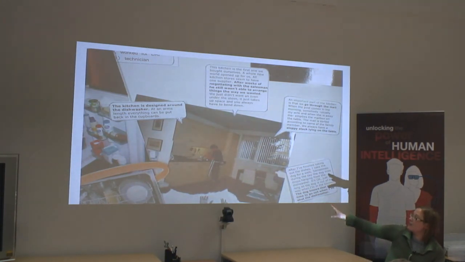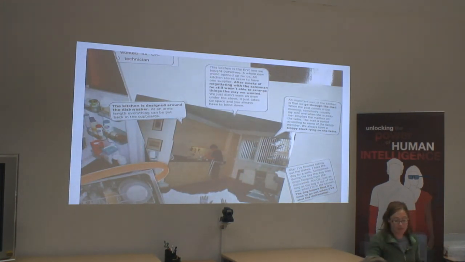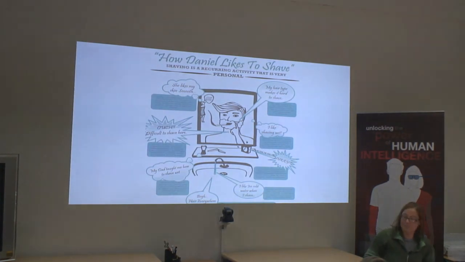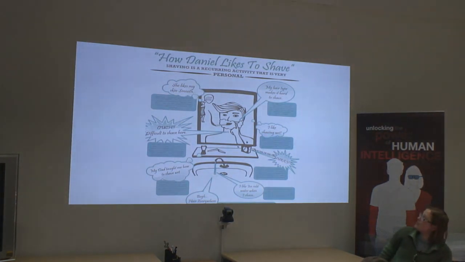Here you can see something about kitchen design, and this is one way. The other way was like this. It was about shaving, and you've got the quotes, and some explanations of the quotes. So these things also engage users in reflecting together on the data that you collected.